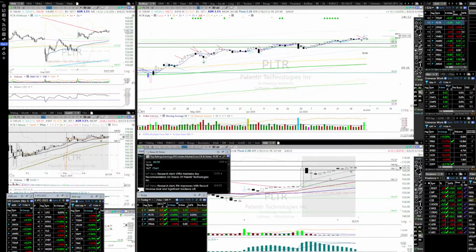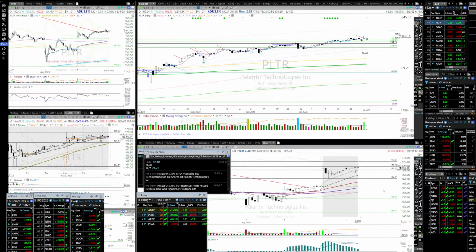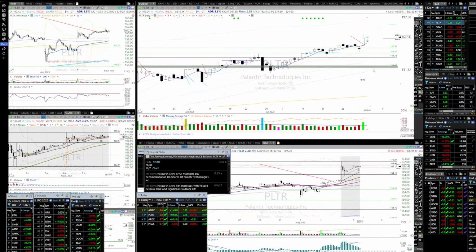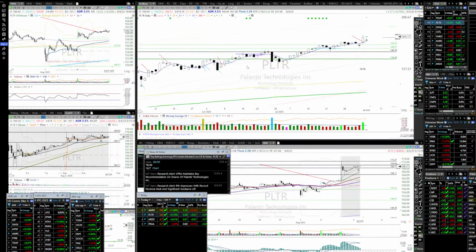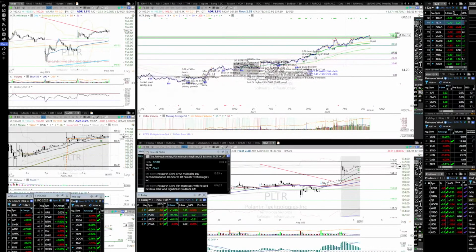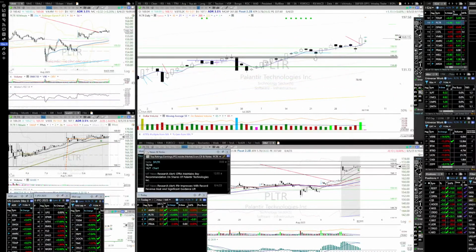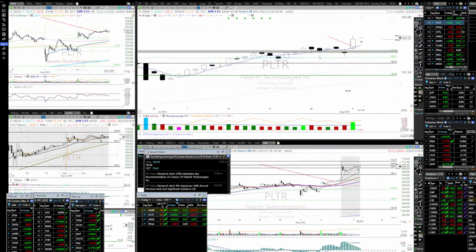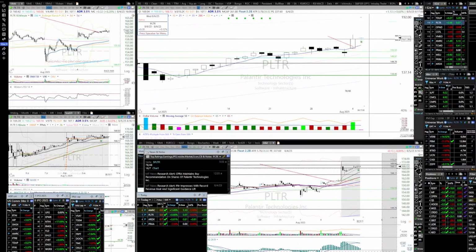Actually, I'm also going to mark this one here. Then I'm going to look back, see if I can find it's clear sky territory. So then just the close is the most important in this case. And that's okay.